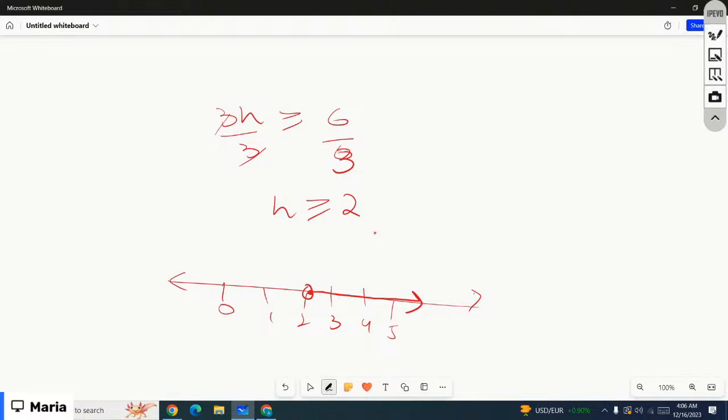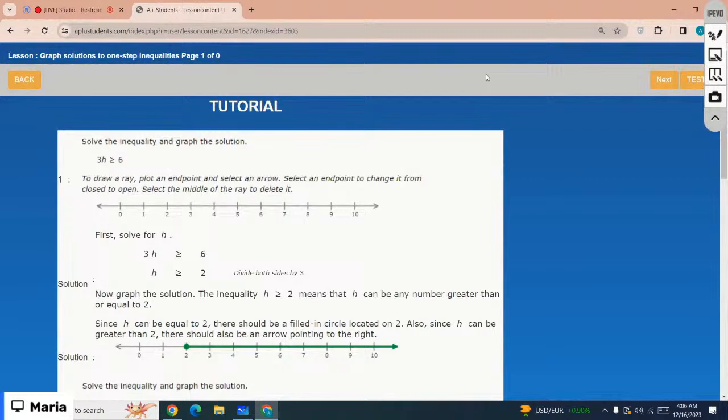Also you must have the equal sign because 2 is also included, so you must make a filled-in circle over here, right? If you have an equal sign, this circle must be a filled-in circle. If it is without an equal sign, the circle must be an open circle, right? That's how you plot the graph of the inequality, right?